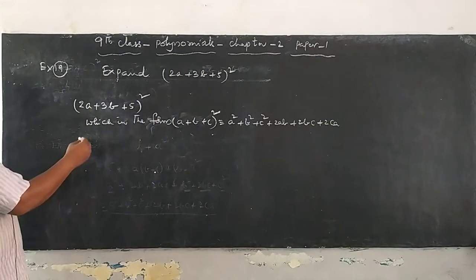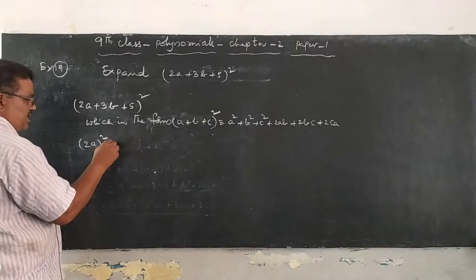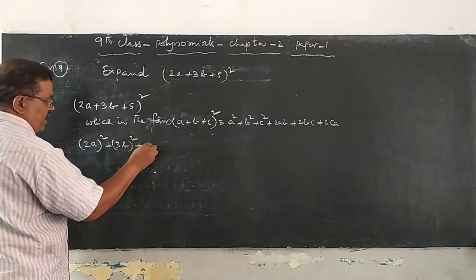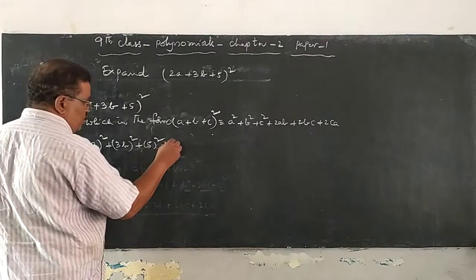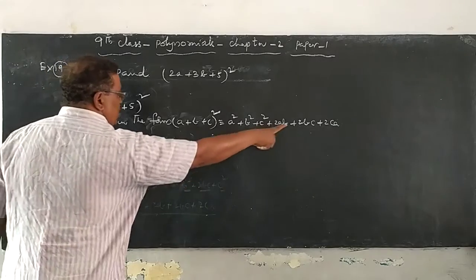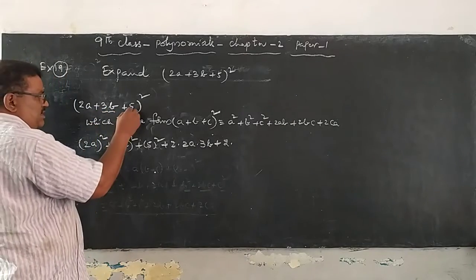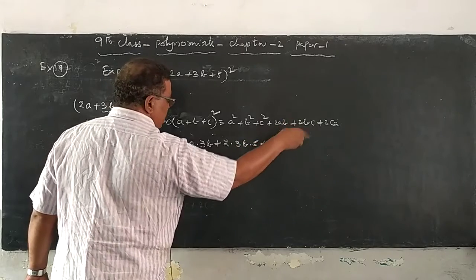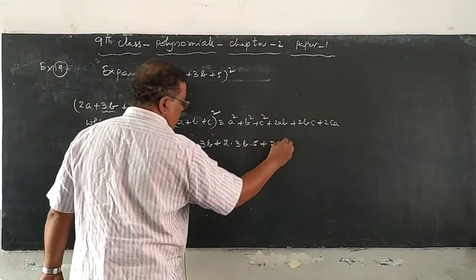So a square means (2a) whole square, b square is (3b) whole square, c square, in place of c we get 5, so 5 square. 2ab, children, 2 into a means 2a, b means 3b. 2bc, 2 into b value 3b, c is 5, so 3b into 5. 2ca, 2 into c means 5, a means 2a, 5 into 2a.